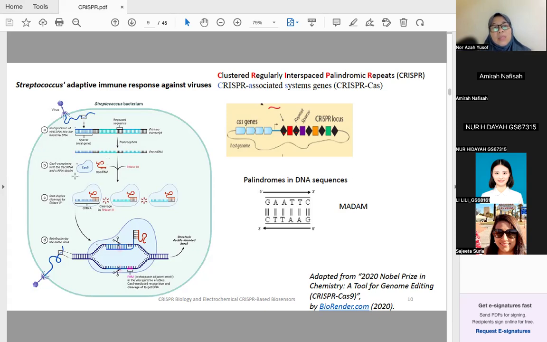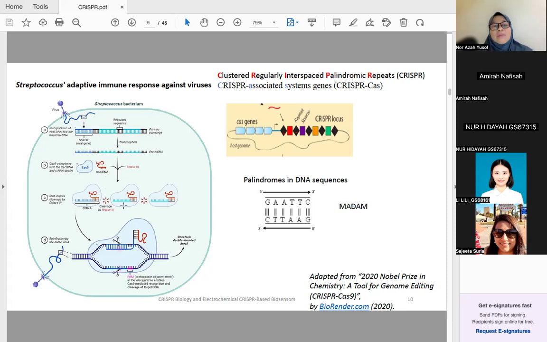So the whole thing, the Cas9 and the tracer RNA and the CRISPR RNA, if this system finds the sequence of the spacer matching the tracer RNA, CRISPR RNA, it will cleave.